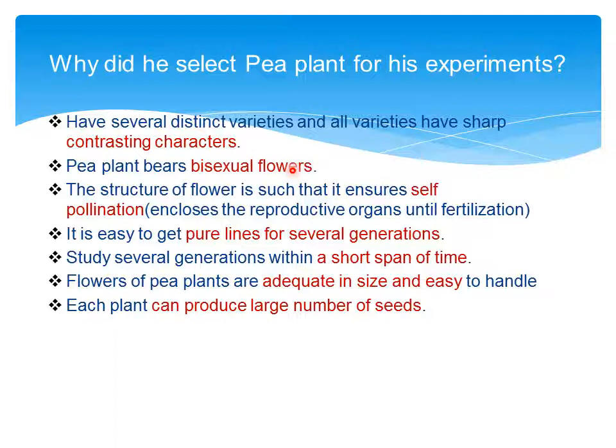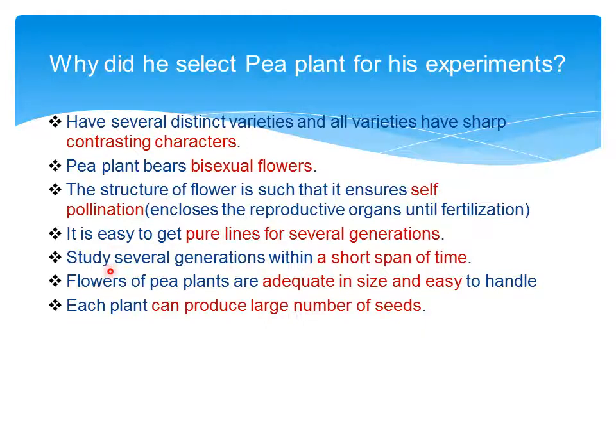The structure of the flower is such that it completely encloses the reproductive organs until fertilization, which helps in self-pollination. The next character is that it is easy to get pure lines for several generations.